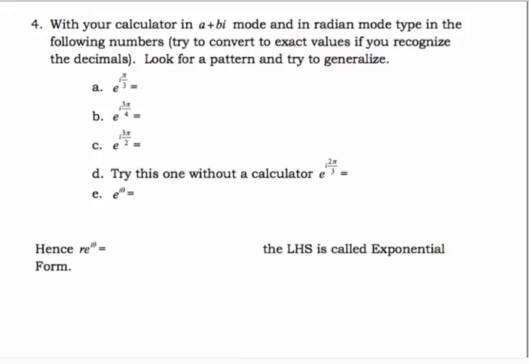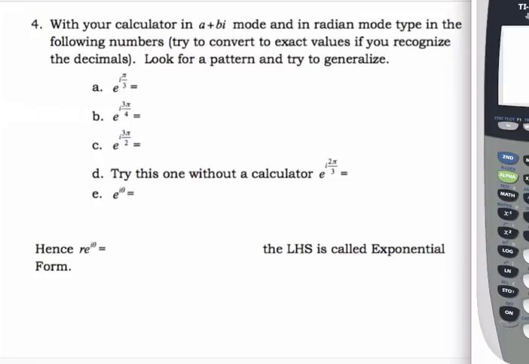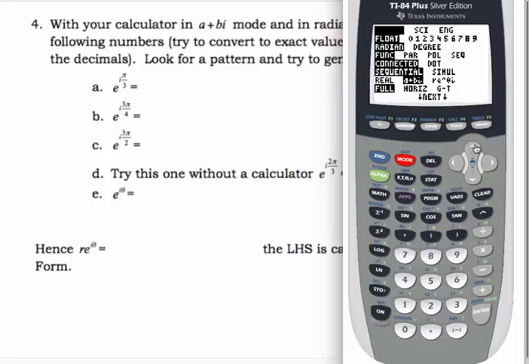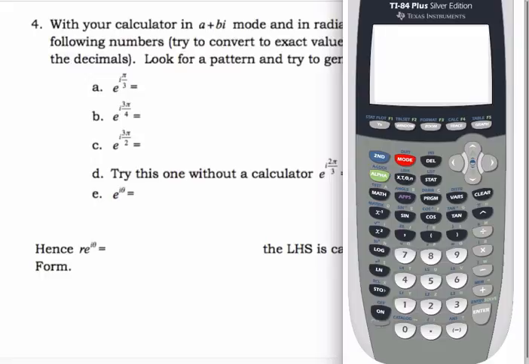Alright. Next, we're going to use our calculator to calculate a couple of these quantities. So let's take a look at how we can do complex numbers in our calculator. First you need to go to mode, and let's keep it on radian mode, and down here change it from real to a plus bi and press enter, and now we're ready to do some complex numbers.